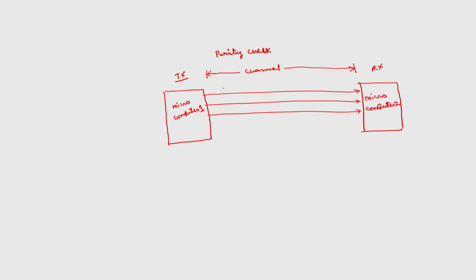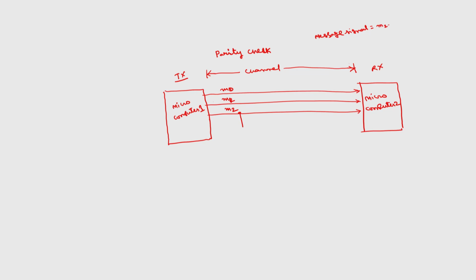Suppose you have 3 message signals, say M0, M1, M2. At the transmitter, the message signal M2, M1, M0 is the actual information signal.